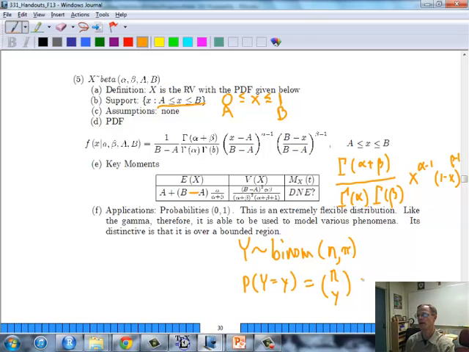So let's call it pi, pi to the y, 1 minus pi to the n minus y. And we argued that this is a valid PMF. Okay? Now, just by extension, you can visibly see that the beta, in a sense, is a continuous analog to the binomial.